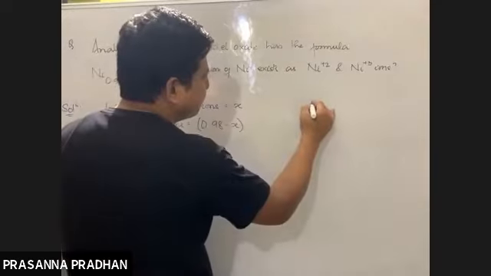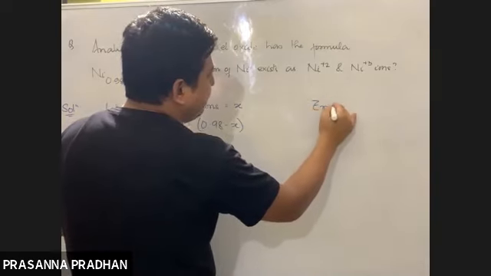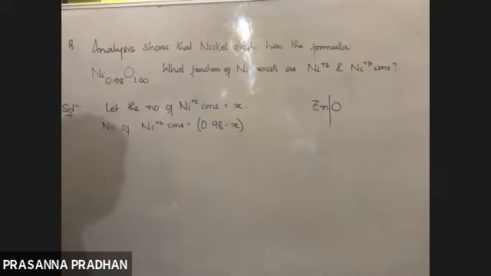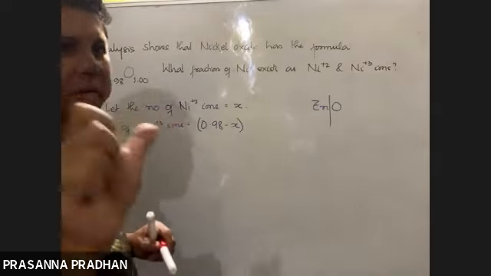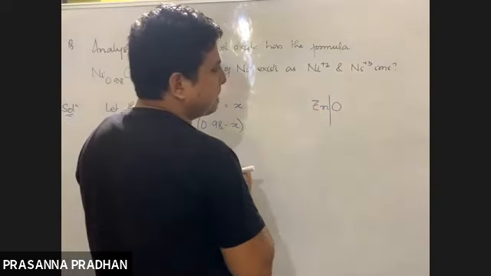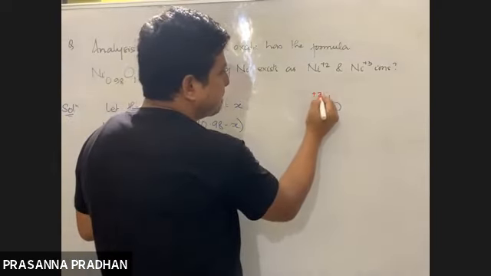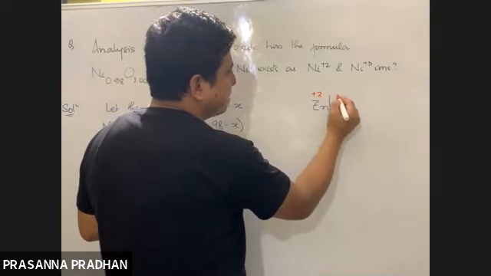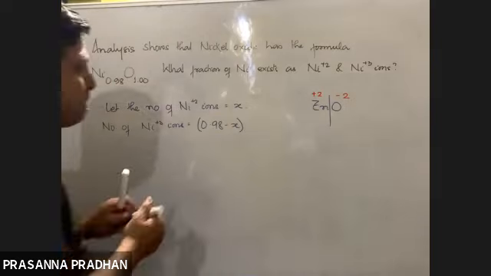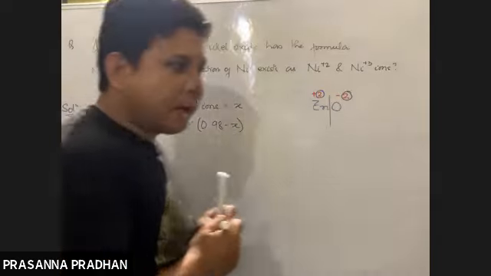Now look here. In zinc oxide, what is the magnitude of positive charge? What is the charge of zinc? Plus two. Oxygen is minus 2. So the charges are opposite, but the magnitudes are the same.